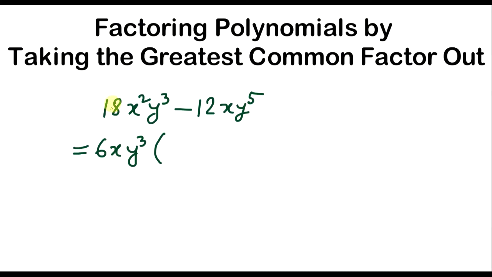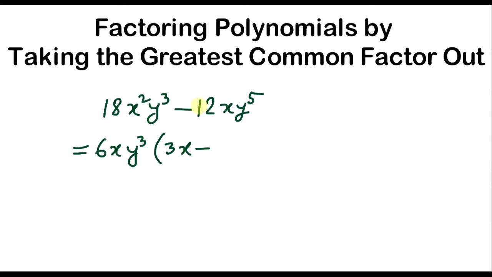Now if you divide 18 by 6, you get 3. And here we have 1 power of x, and here we have power 2, so 1x. Y cubed here and y cubed here, both will be cancelled, so no y here.